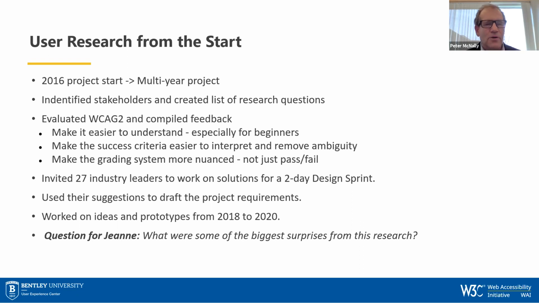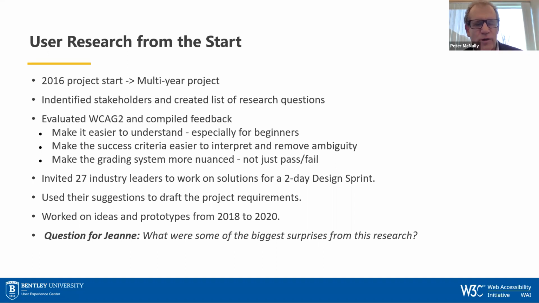And some of the things they learned: it needs to be easier to understand, especially for beginners. The success criteria need to be easier to interpret, removing the ambiguity from those. And then the grading system needs to be more nuanced, right? In the 2.0 world, it was very much a binary pass-fail grading system.